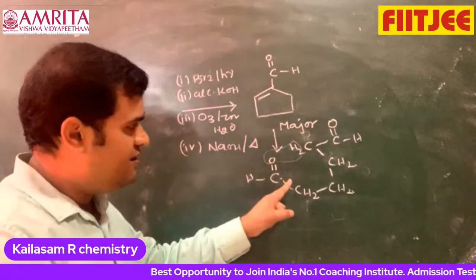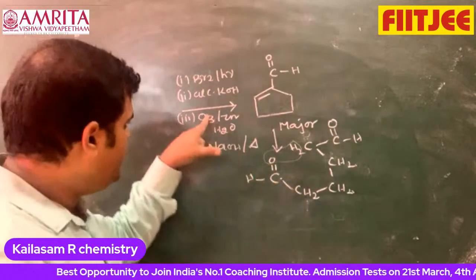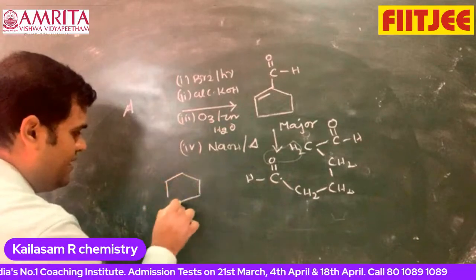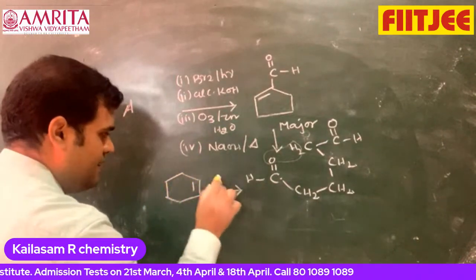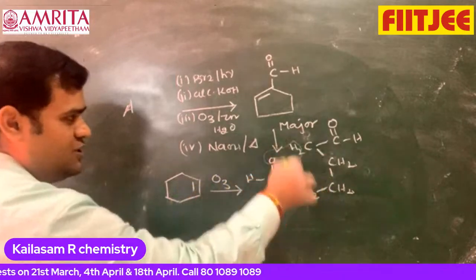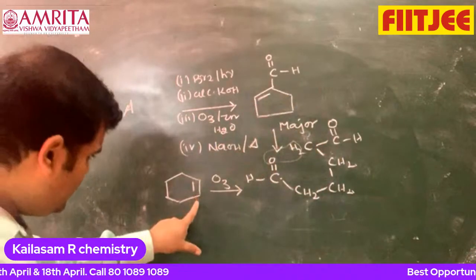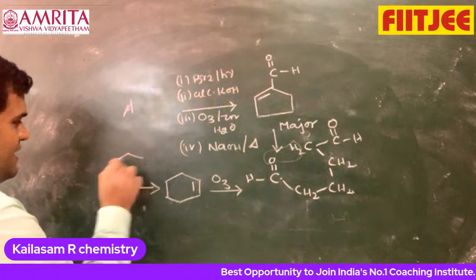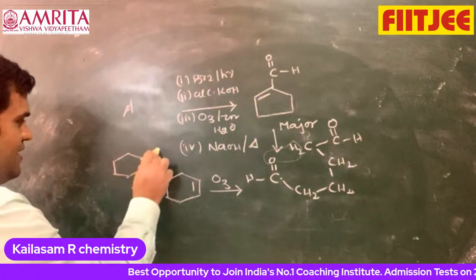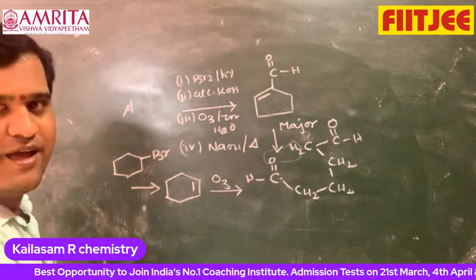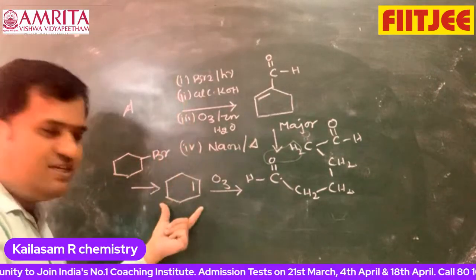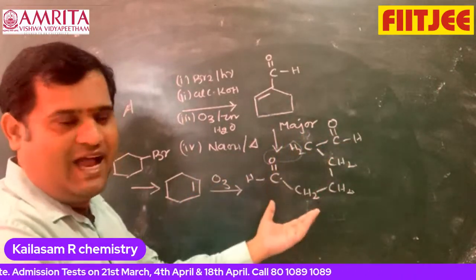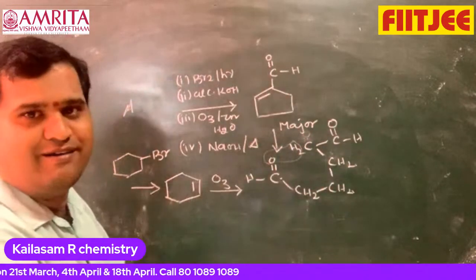When this is the molecule, what could be the ozonolysis product? Break that, I got this molecule. Now for this, with alcoholic KOH, what could be the compound? Bromocyclohexane with alcoholic KOH gives cyclohexene, ozonolysis gives the dialdehyde, then aldol condensation gives the compound.